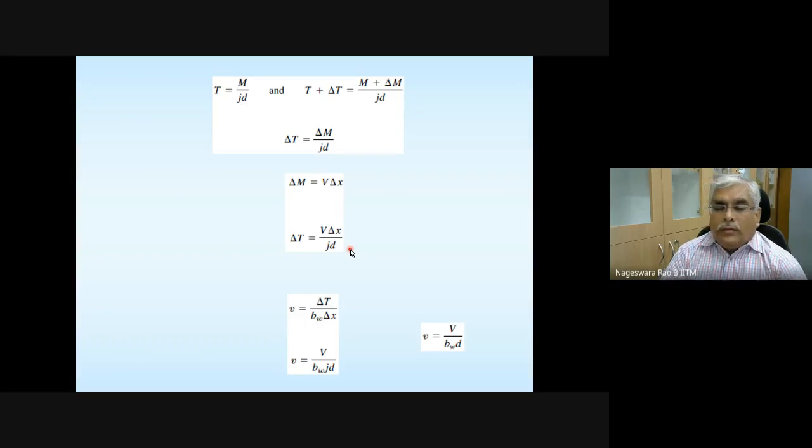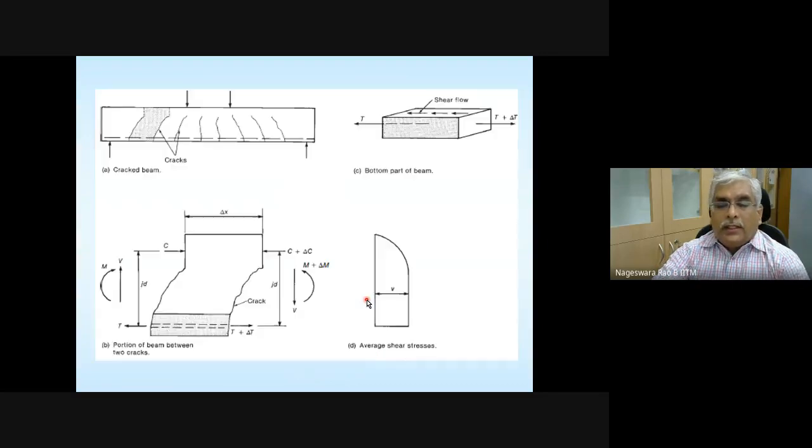Now this shear stress v is given by this. Please note that this is a shear flow, this figure, and it is acting on a small element on the bottom portion, which is shown. So write the equilibrium equation for this.